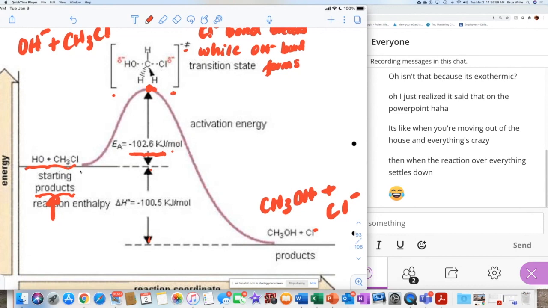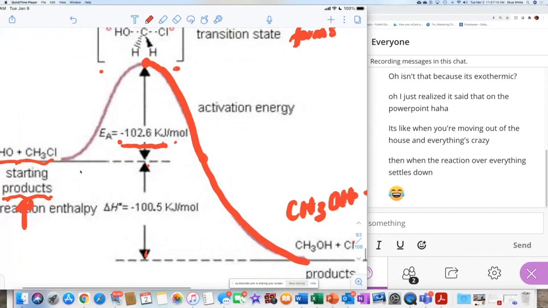has to lose all the energy it gained, right, to get to here, and lose even more to get to the product. So when they're showing you the negative here, you kind of have to understand the signs, and sometimes it's difficult to communicate things even in the picture. The negative they're showing you here is what is happening when the transition state or the activated complex is going to the product form.